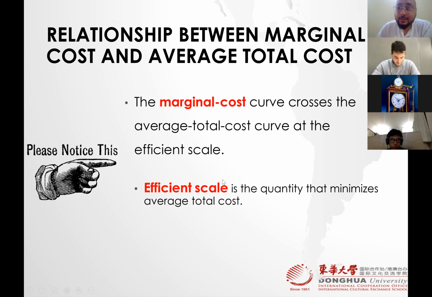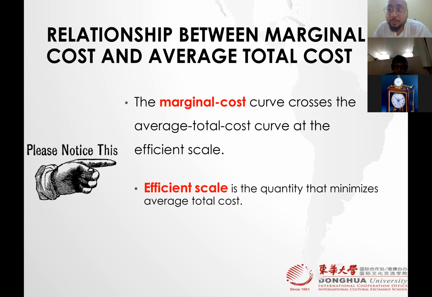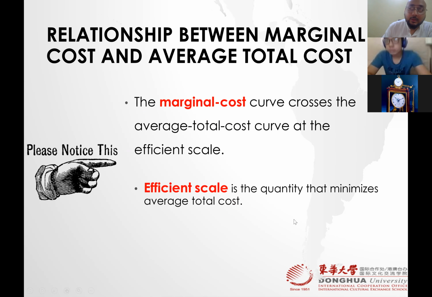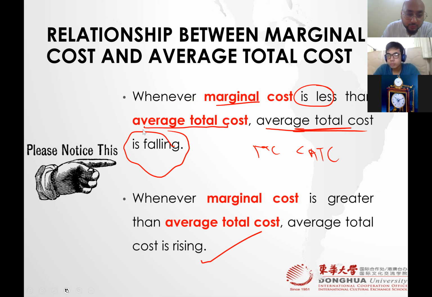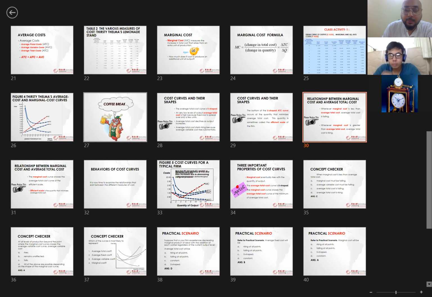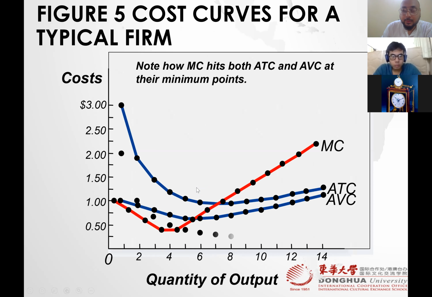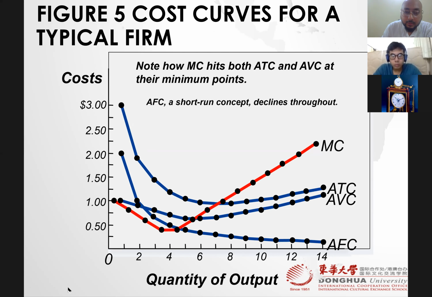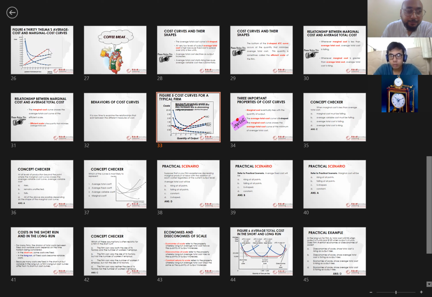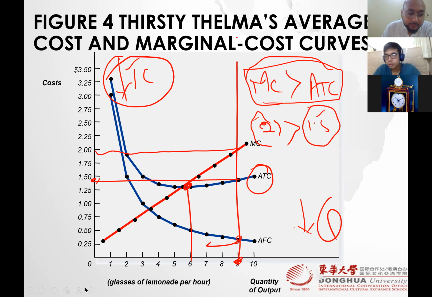And you realize that marginal cost, look at your graph. Marginal cost crosses the average total cost at its bottom, right? Okay, let me go back and show you here. Oh, sorry, my bad. Here, we made this graph.